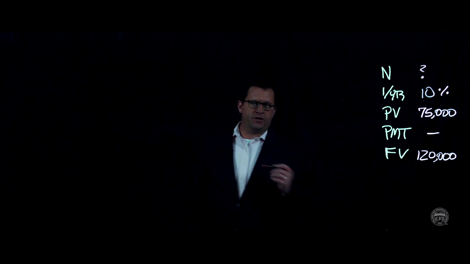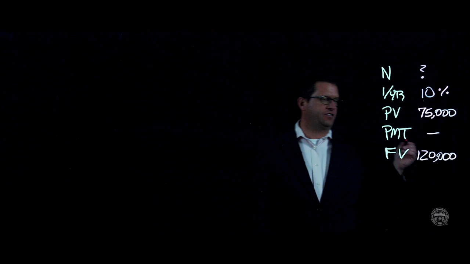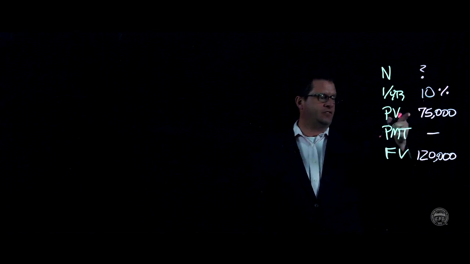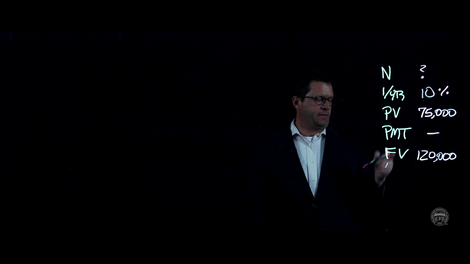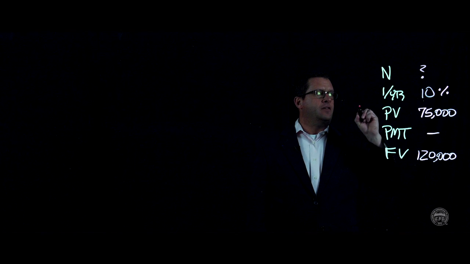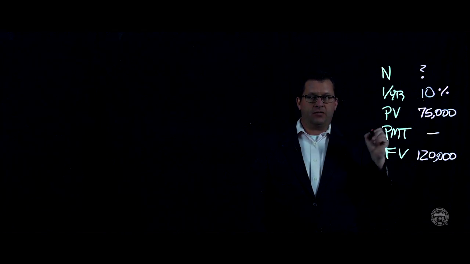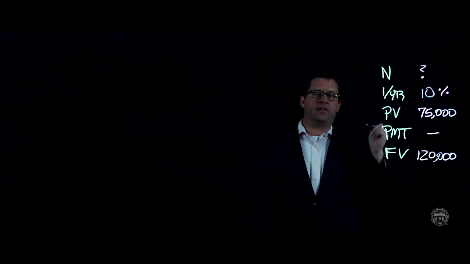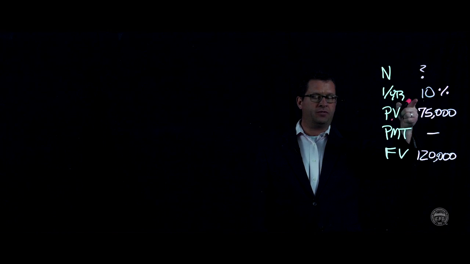All right, so reviewing our fact set, we have Linda purchasing the farm for $75,000 today. She thinks it'll grow at 10% per year, and she wants it to grow to $120,000 and wants to know how long it'll take her to get there. Now, the problem did not say anything about semi-annual compounding, so it's safe to assume that you have annual compounding on this 10% growth.